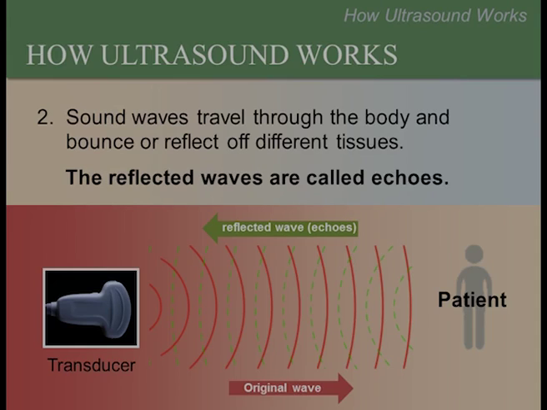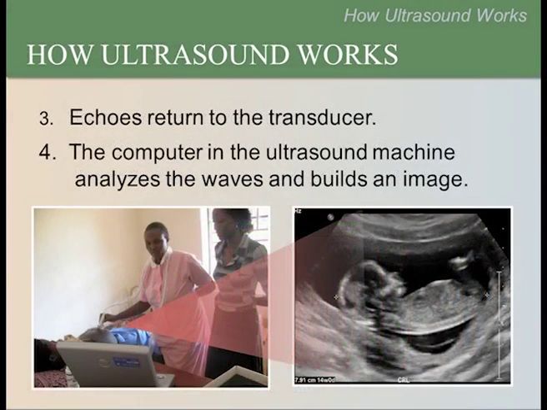The red lines represent the sound waves sent into the body by the transducer. The green lines are the reflected sound waves that return to the transducer from the body. These reflected waves are called echoes. The reflected echoes go back to the transducer, and the computer analyzes these waves and builds an image.